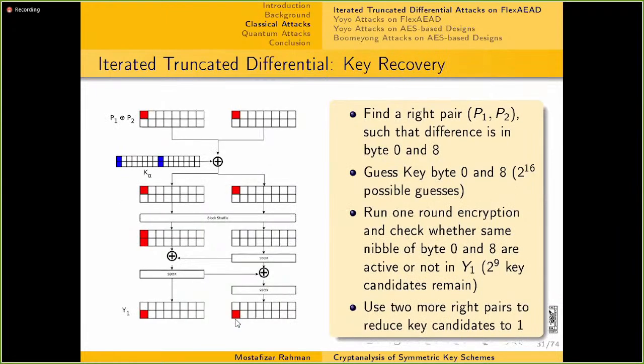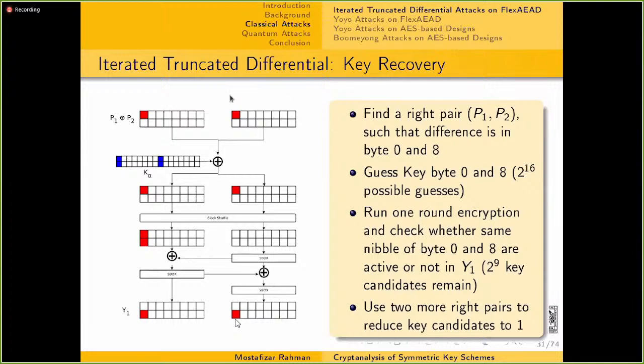Next, using the distinguisher, we can retrieve the right pair, and using the right pair, we have done the key recovery attacks on Flex 128. So again, the strategy of the key recovery attack is that suppose P1 and P2 is our right pair.